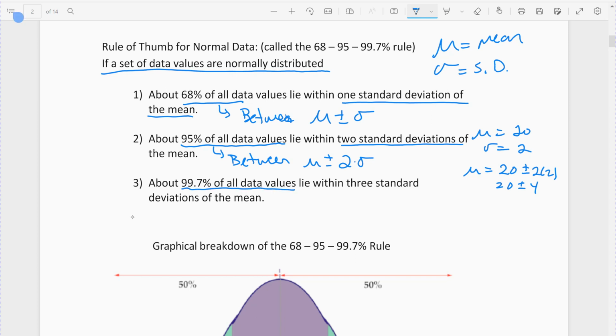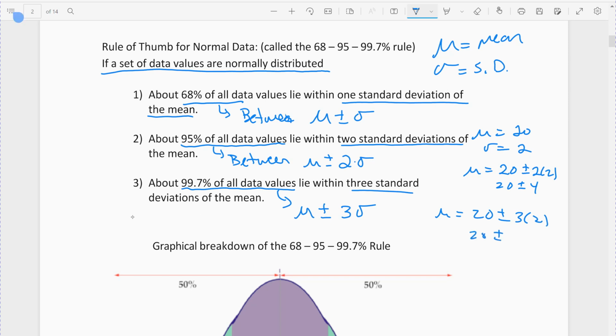Almost all. Pretty darn close to all. Right? 100% would represent all of the data values. So 99.7 means all but 0.3% of the values land within 3 deviations from the mean. So if you take your mean and add and subtract 3 times the deviation, in this case that would be 20 plus or minus 3 times 2.